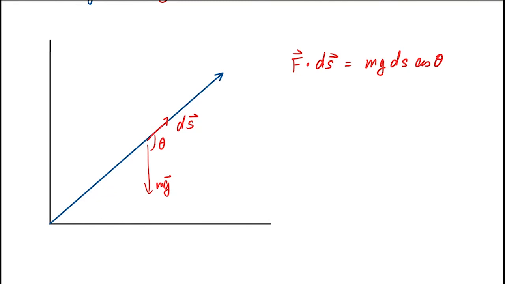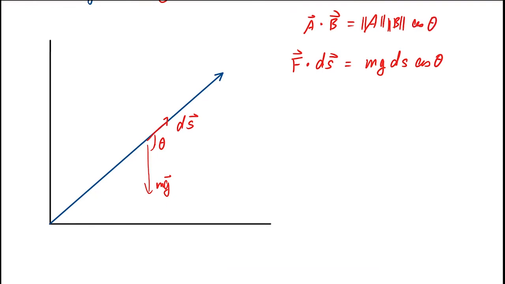That makes sense to you? Remember, for A dot B, theta is the angle between the two vectors. This is equal to the magnitude of A, the magnitude of B, and cosine theta.